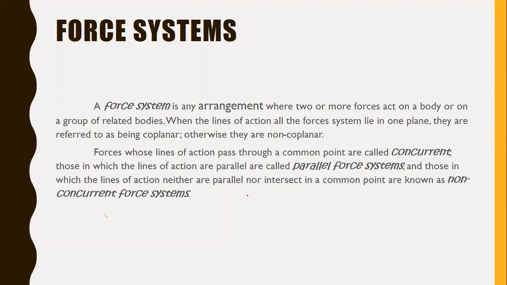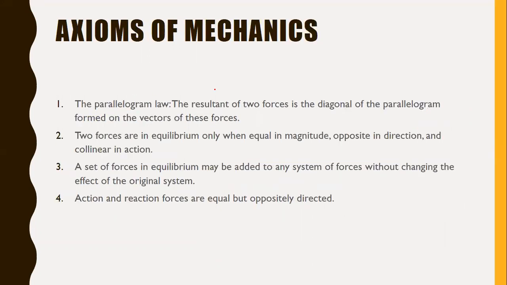And those in which the lines of action are neither parallel nor intersect in a common point are known as non-concurrent force systems. Now, for the axioms of mechanics. Number one, the parallelogram law: the resultant of two forces is the diagonal of the parallelogram formed on the vectors of these forces. Number two, two forces are in equilibrium only when equal in magnitude, opposite in direction, and collinear in action.